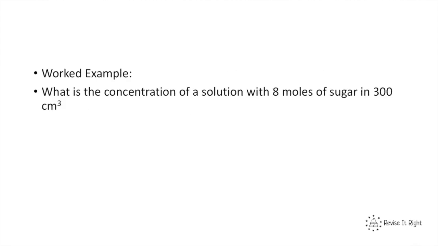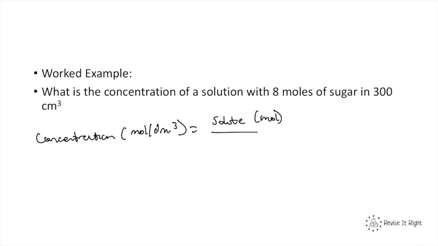Here we have another worked example. So what is the concentration of solution with 8 moles of sugar in 300 centimeters cubed? So you'll of course remember that the equation that we must be using is concentration, which is in moles per decimeters cubed, is equal to the amount of solute in moles divided by the volume in decimeters cubed.